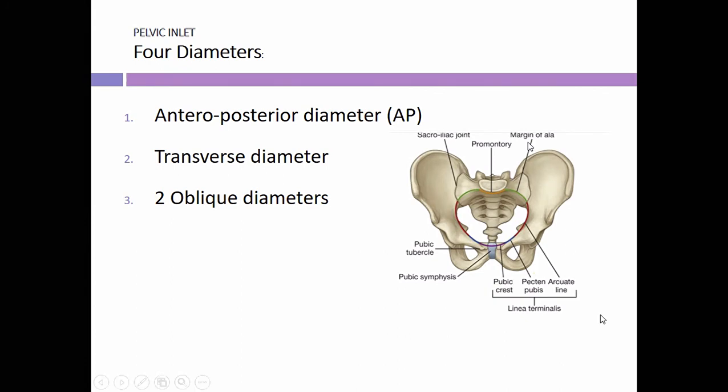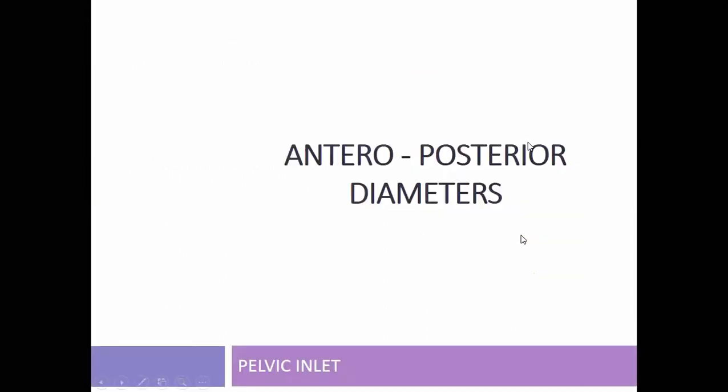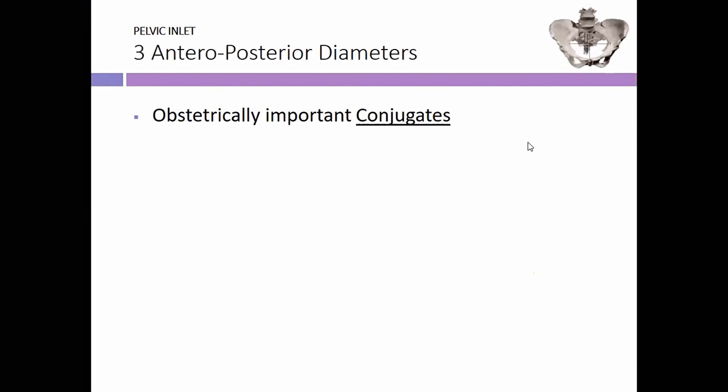You have here the anteroposterior diameter, the transverse diameter, and two oblique diameters. So there are four diameters of the pelvic inlet. Now, focusing on the AP diameter, or anteroposterior diameter, of the pelvic inlet, it is composed of three conjugates, which are obstetrically important.